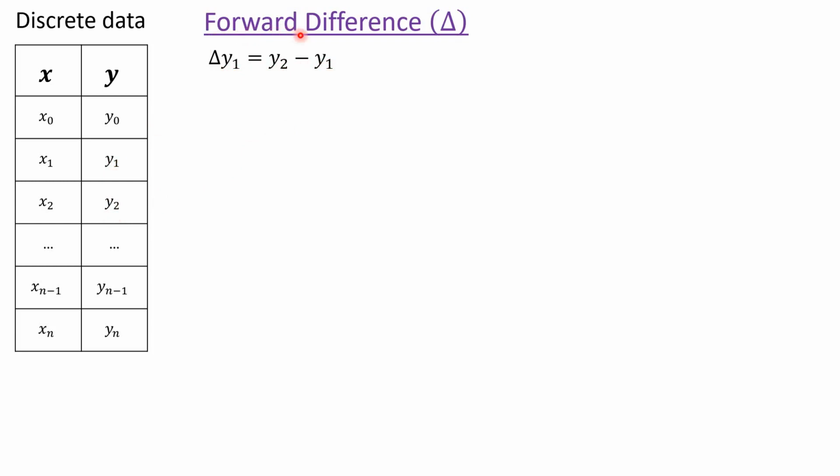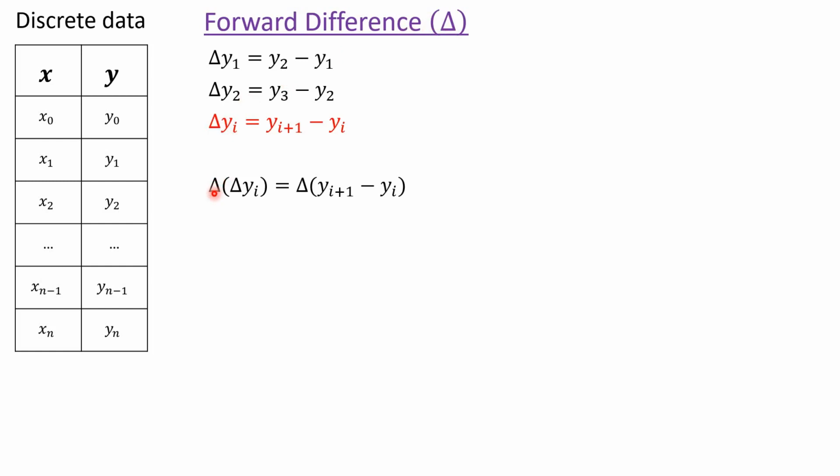We always subtract the first number from the second number. So what is del of y2? Del of y2 is y3 minus y2. So in general, del of yi is y(i+1) minus yi. This is how the forward difference operator del operates on y.